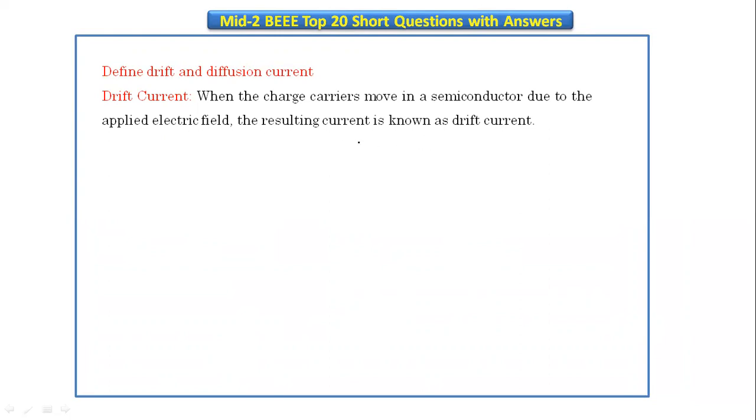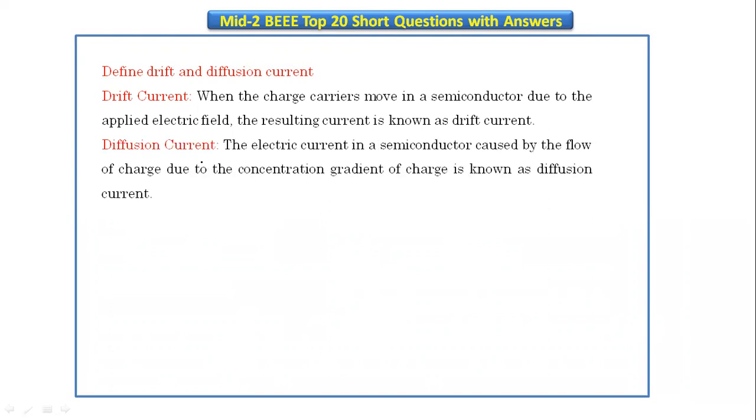In the case of diffusion current, the electric current in a semiconductor caused by the flow of charge due to the concentration gradient of the charge is known as diffusion current.